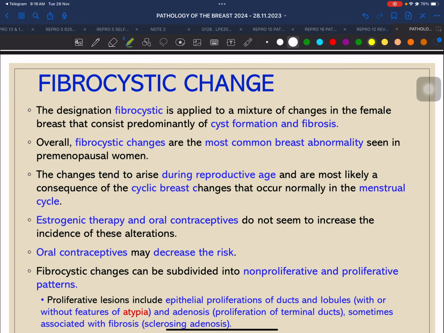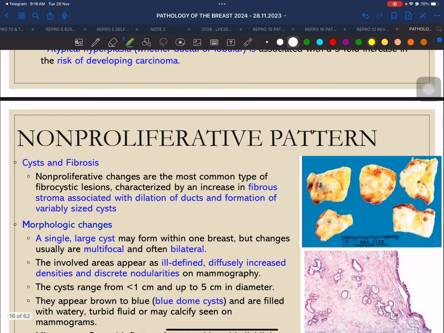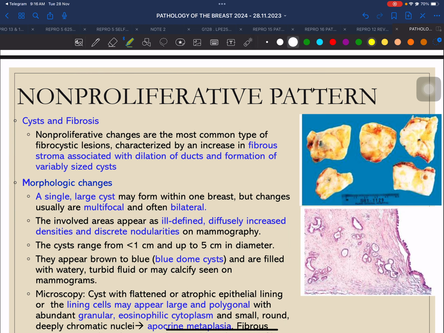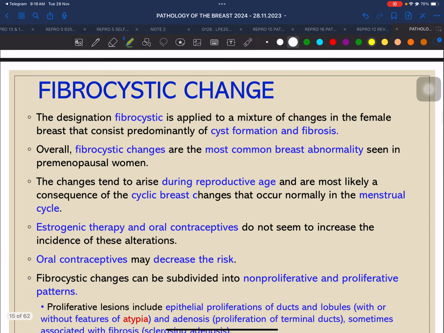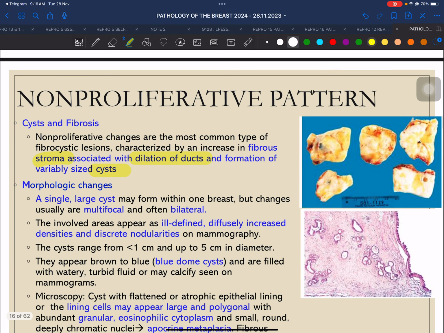Okay, so the non-proliferative pattern consists of cysts and areas of fibrosis. Morphologically, what you see are large cysts, which can be single, can be multifocal, can involve both breasts. The areas will appear ill-defined or as increased densities or discrete nodularities on mammography.